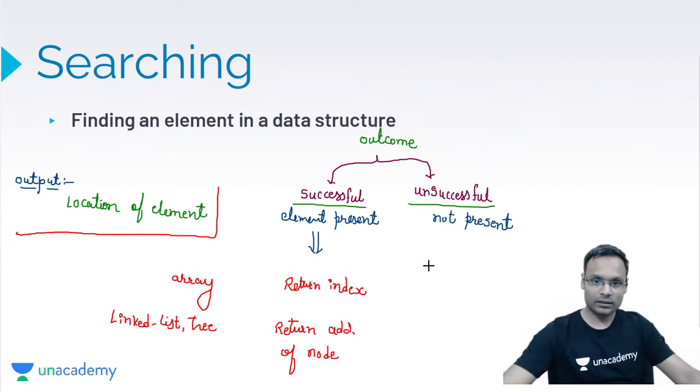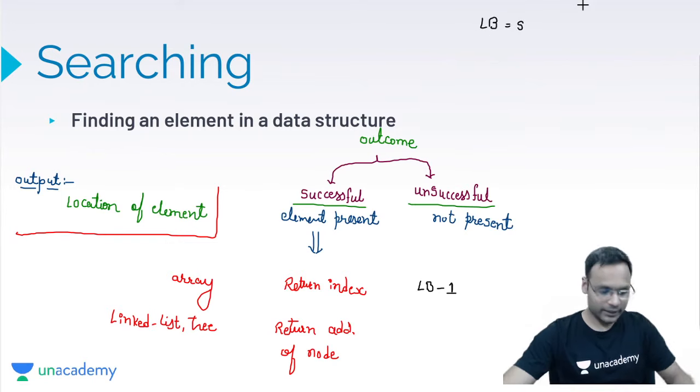So we are going to return lower bound minus 1, and LB here is the starting index of the array.